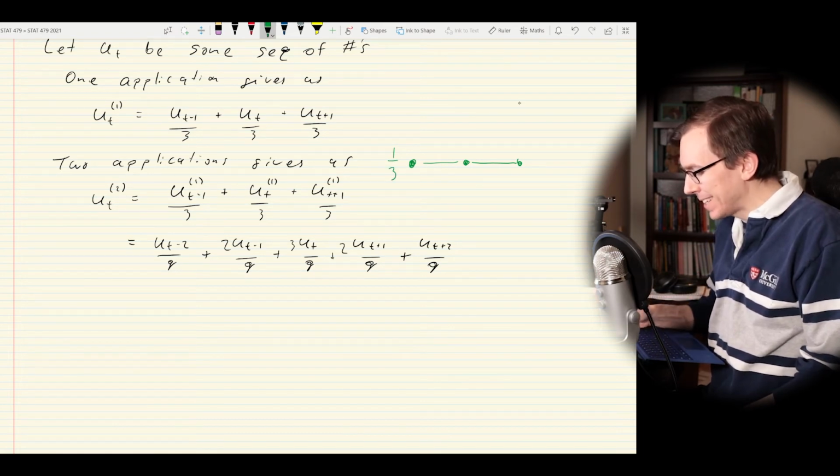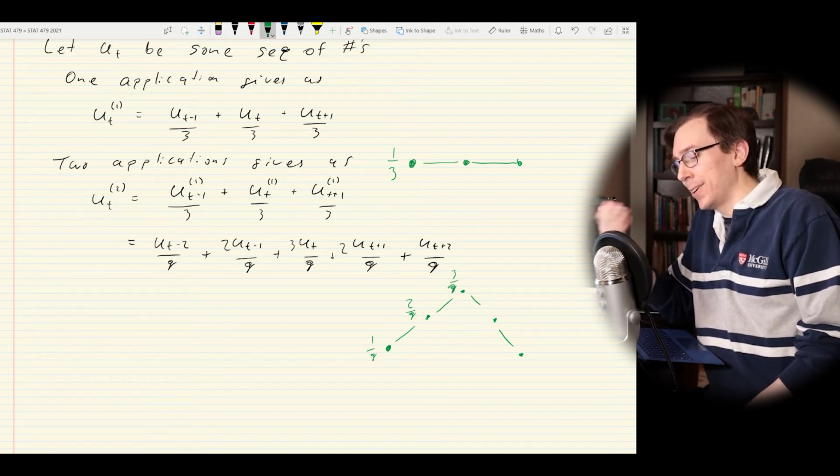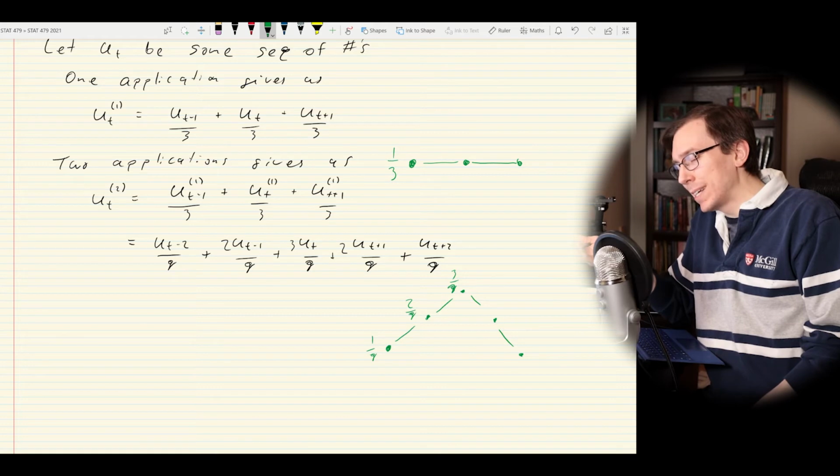Meanwhile, 2 applications is going to give us something that looks like a triangle, with our 1/9, 2/9, 3/9, etc. And if we were to do it a third time, I'm not going to write it all out, we'd get something that might look a little bit parabolic.